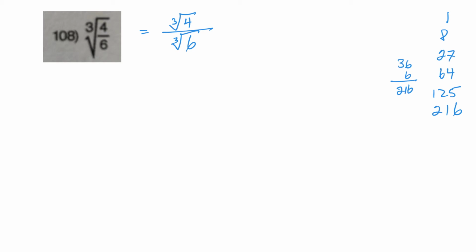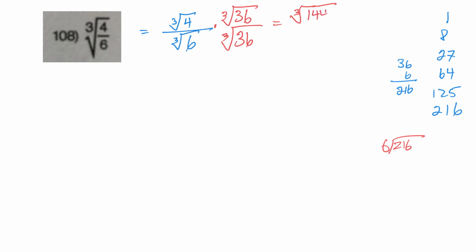So I'm going to multiply both top and bottom by the cube root. I have to get 216. So whatever 216 divided by 6 is, I think it comes out to 36. So top and bottom I multiply by the cube root of 36. On the top I'm going to get cube root of 4 times 36, whatever that comes out to.